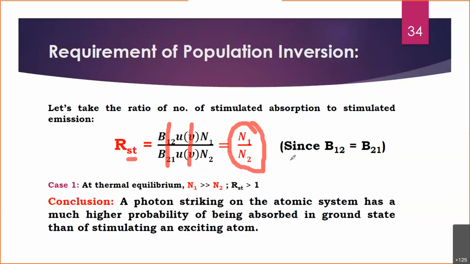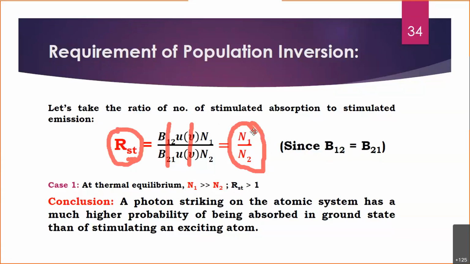N1 by N2. Now again, as I said, looking at the previous value of R, what is our requirement? R has to be less than 1. That means the number of stimulated emissions has to be more compared to the spontaneous emissions, right? Or any other process. Now again, if you look at this formula, this R_ST indicates the ratio of the stimulated absorption to the emission process.